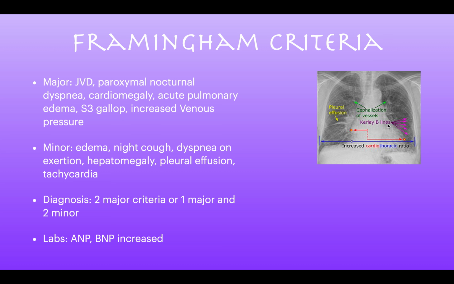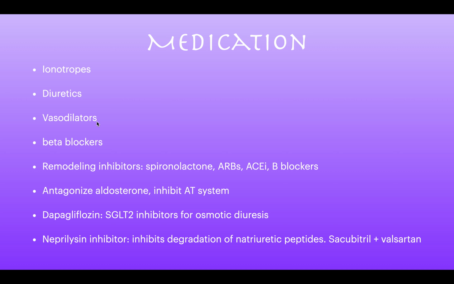So what do we use? We use inotropes to help contractility, diuretics to get rid of the edema, vasodilators to reduce the blood pressure, and beta blockers in order to slow the heart rate down and also increase the contractility. What's important are the remodeling inhibitors, the ones that will increase the lifespan of these patients: spironolactone, ARBs, ACE inhibitors, and beta blockers.